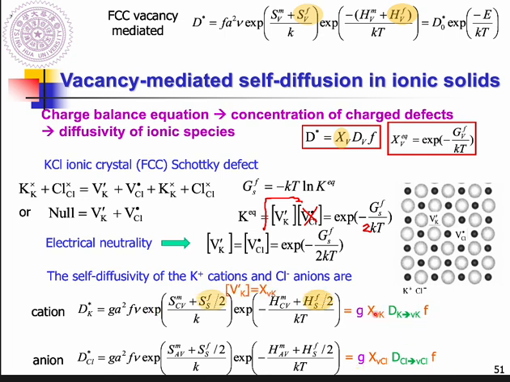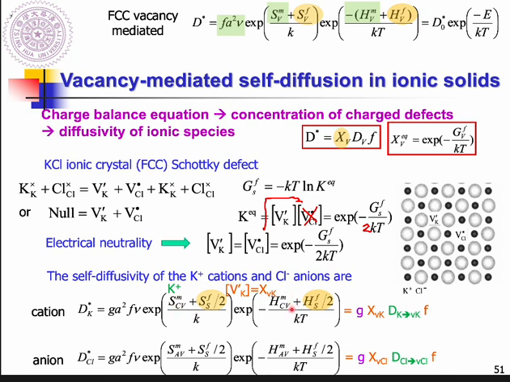For example, x_VK, VK here is this one, so I separate them into enthalpy and entropy terms. And the other is the diffusivity of potassium at the potassium side, so I got the migration enthalpy.